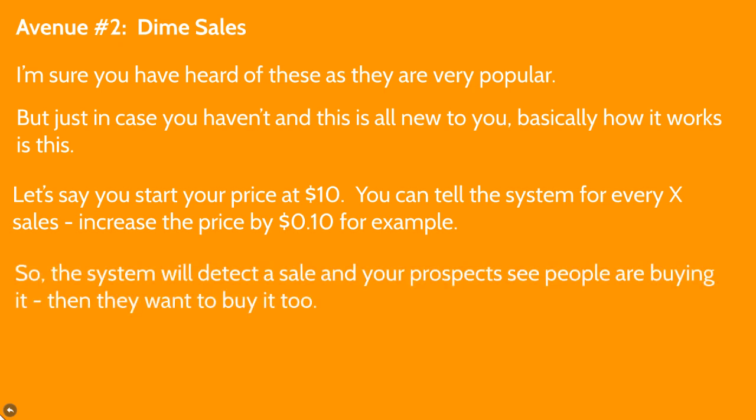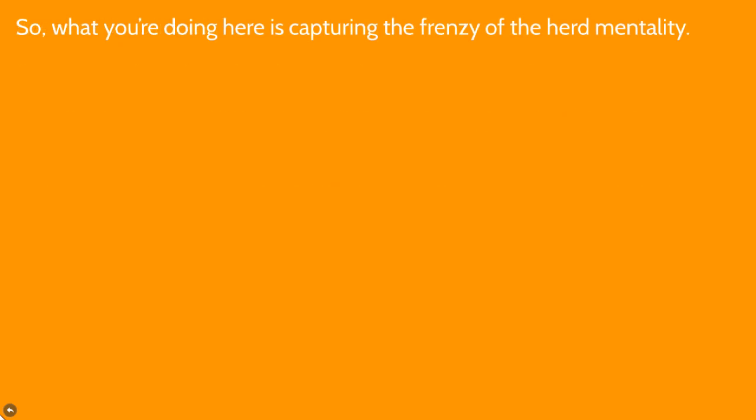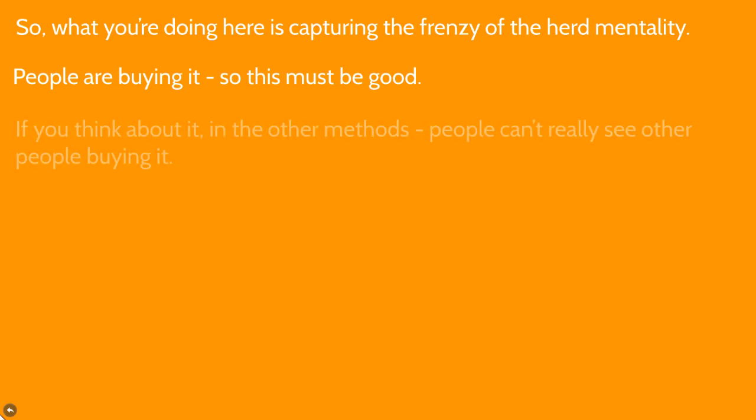So whenever the system detects a sale and your prospects see that people are buying, you're tapping into the herd mentality. And that's why this works really, really well. People are seeing that other people are buying because they see that the price is increasing. So this must be good, right?